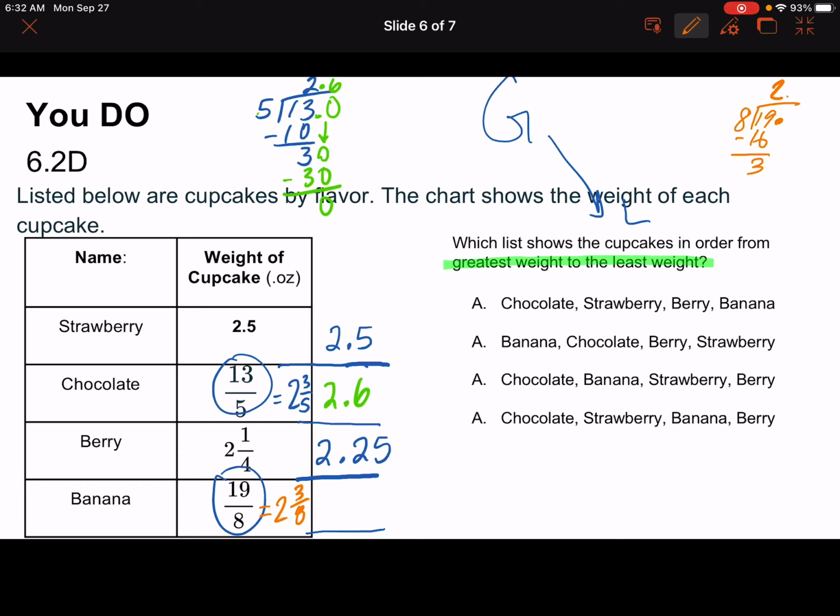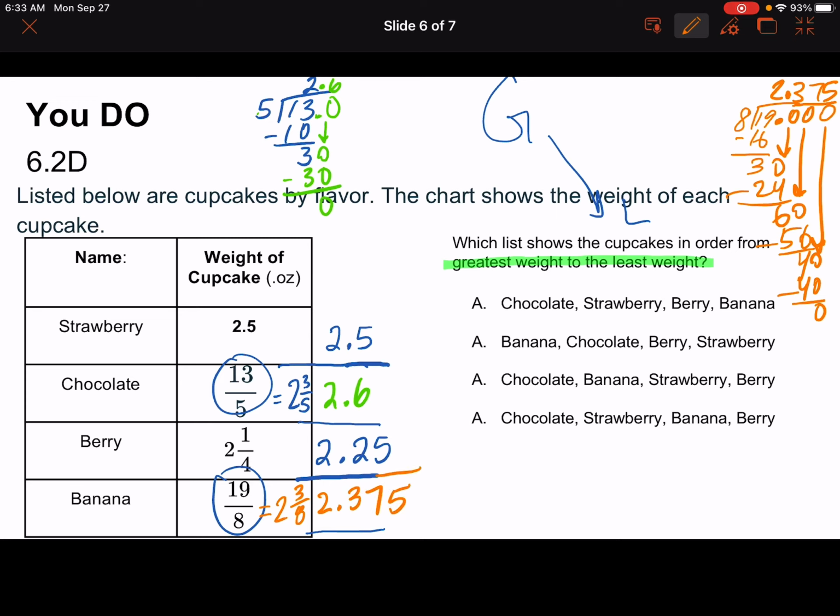Bring your decimal up, bring your 0 down. 8 goes into 30 3 times. 6 is my remainder. Keep going. 8 goes into 60 7 times. There's another remainder of 4. Keep going. 8 goes into 40 5 times perfectly.